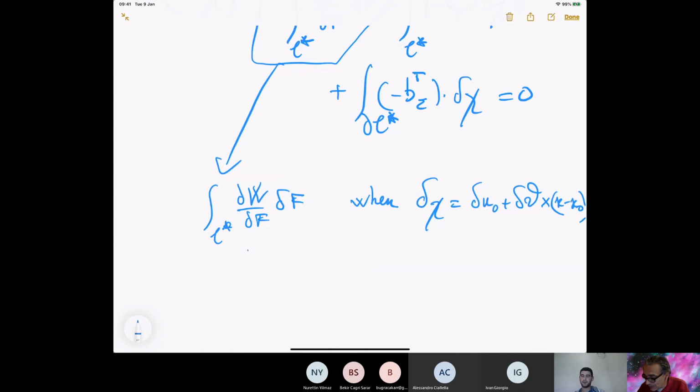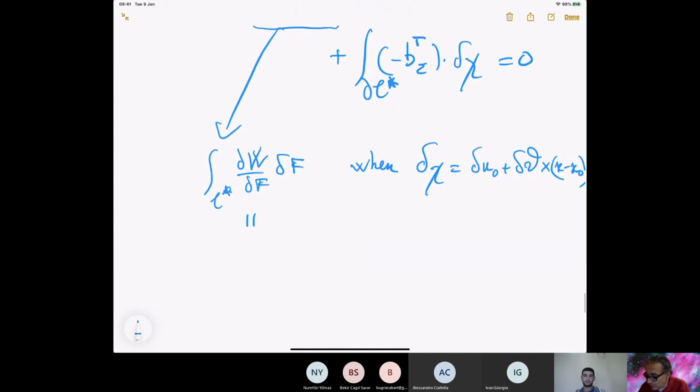Now we remember that in reality this quantity is dw over dc, then you have dc over df delta f.